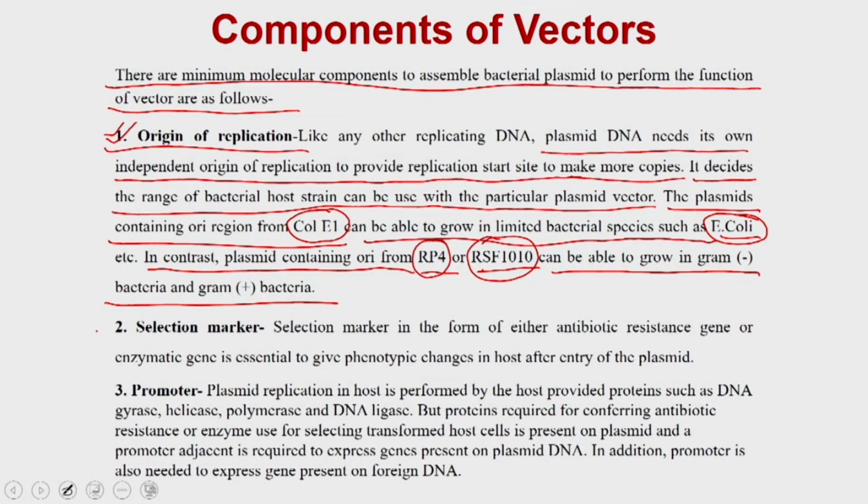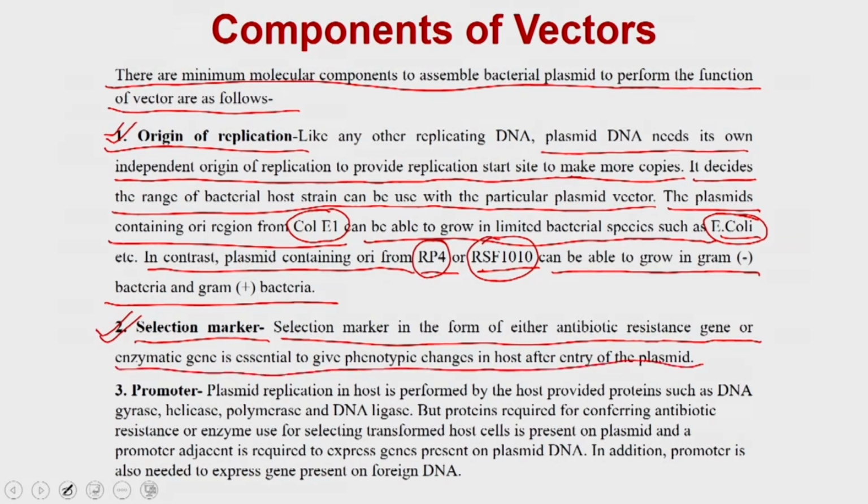Apart from the origin of replication, the vector should have a selection marker, which means you have to have some kind of selection pressure which will allow you to select the transformed host cells from the non-transformed host cells, which means the host cells which have taken up your vector in comparison to the host cells which have not. This selection marker could be in the form of antibiotic resistance genes, or it could be an enzymatic gene which is essential for giving phenotypic changes to the host after entry of the vector.